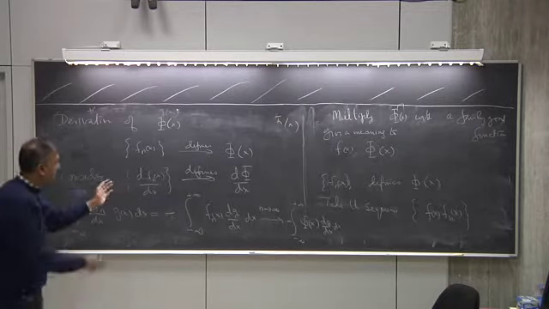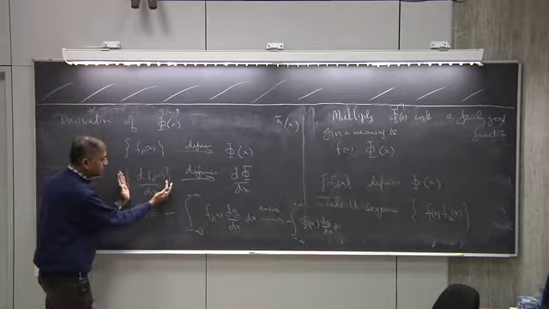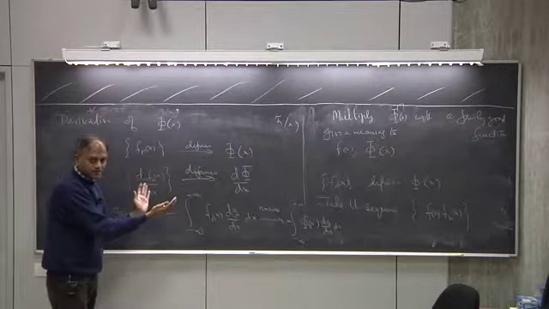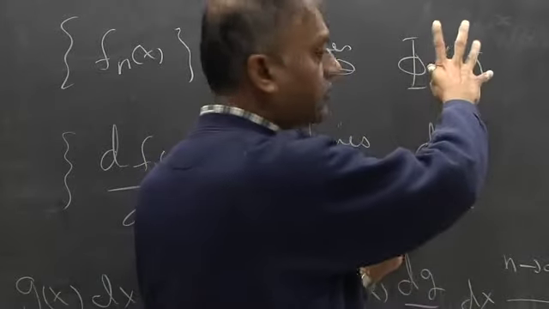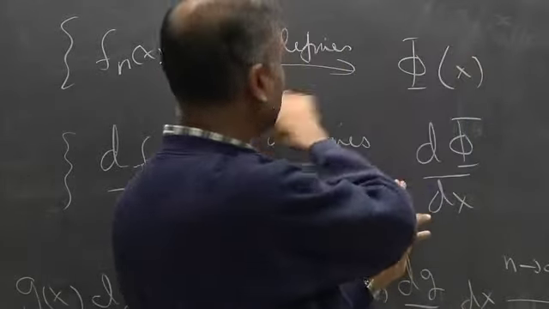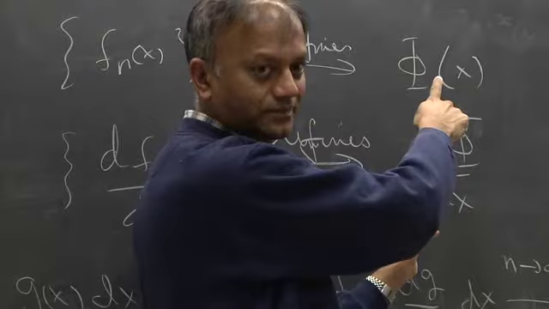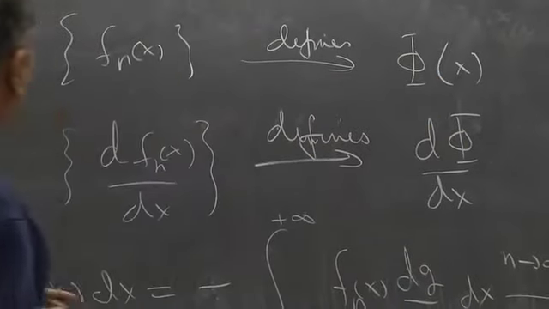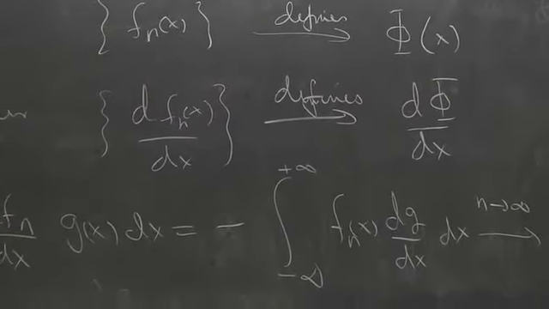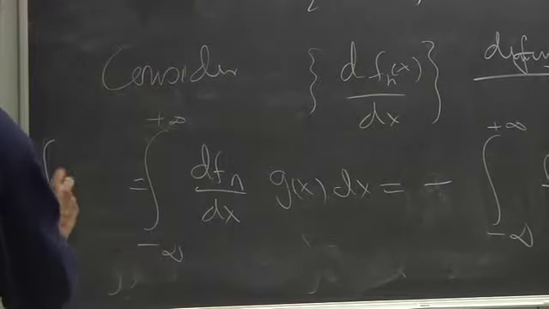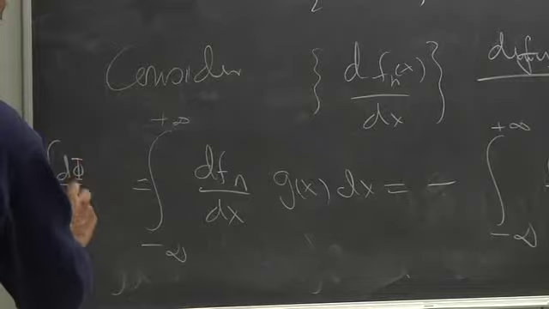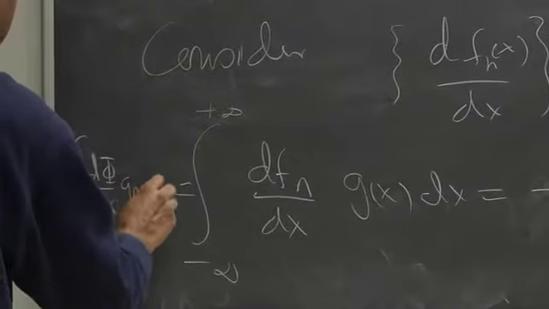So what we have proven here is that this sequence defines a generalized function, and we will call that generalized function the derivative of the original generalized function. And that definition makes perfect sense, because this limit, as n goes to infinity, is the same as the integral of d phi by dx times g of x dx.